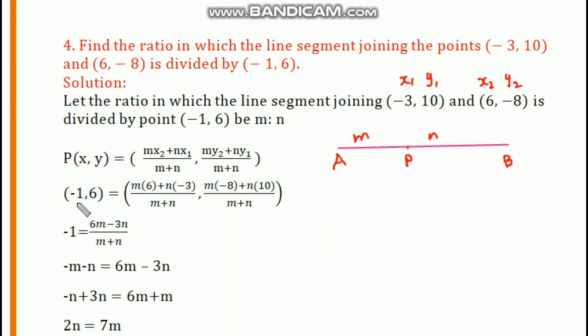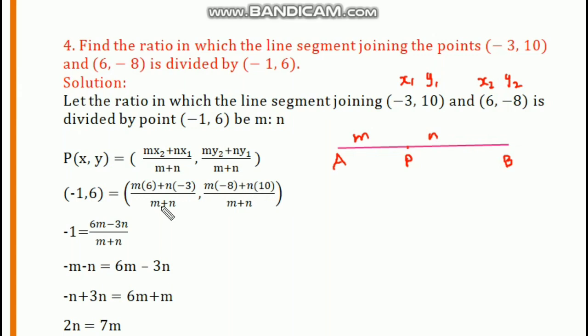Just substitute in this formula: (-1, 6) equals (m of 6 + n of -3)/(m + n), (m of -8 + n of 10)/(m + n). Then simplify. If you simplify, you will get 6m - 3n and -8m + 10n.